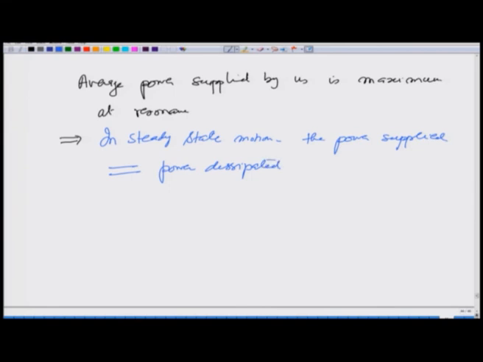And that makes perfect sense, because if power supplied is equal to power dissipated, the amplitude is not going to change. So, the two are equal.